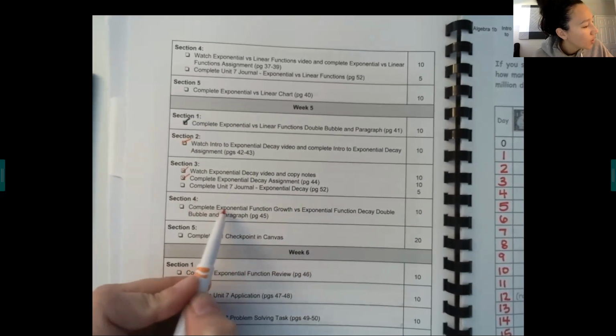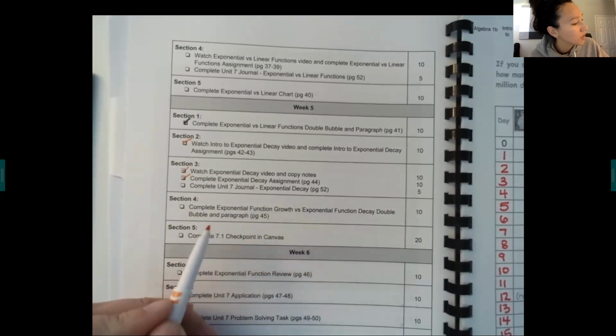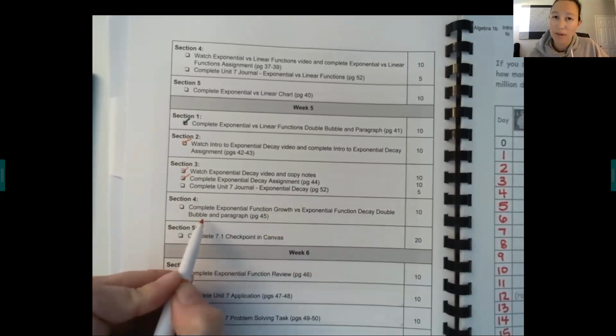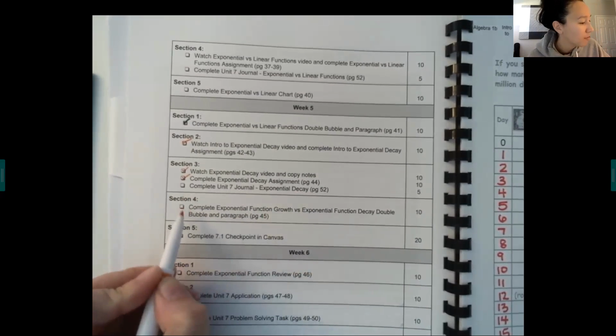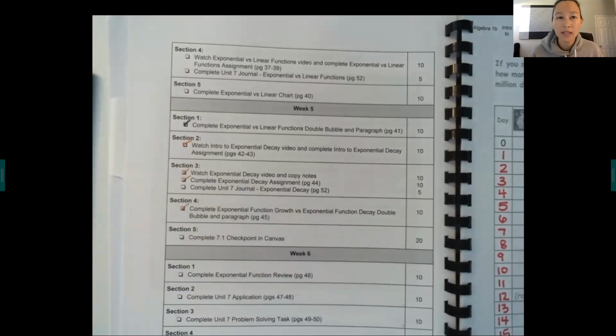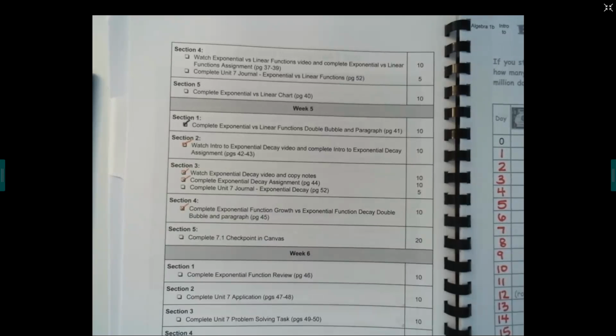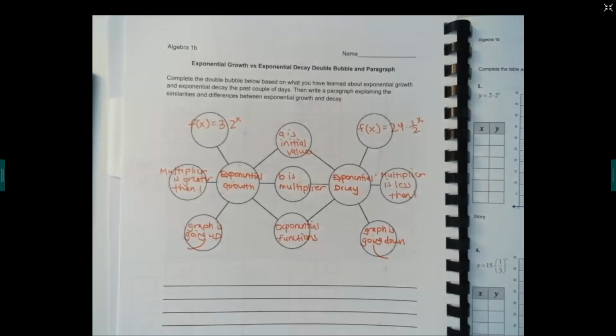And then you're almost done with the exponential growth versus exponential decay double bubble. You're finished with that. You just need to work on the paragraph. So you'll write your 2 paragraphs and then do your checkpoint, and you're done with Algebra 1 for the week. Can you flip back to that page, please? I didn't finish the one.